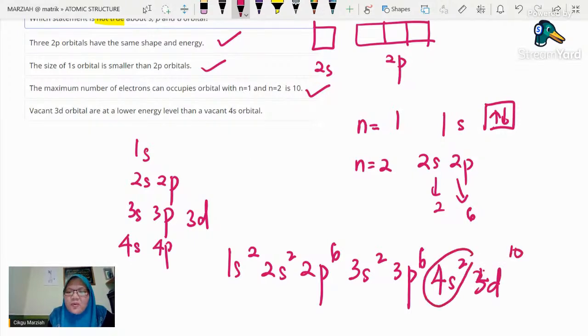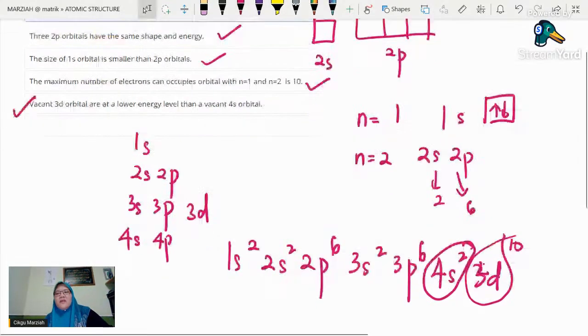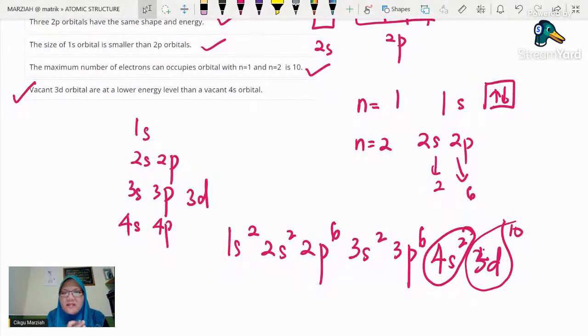Maknanya 4s dahulu yang kosong lebih rendah tenaga berbanding dengan orbital 3d yang kosong. So this statement is not true. 4s yang kosong lebih rendah energy level berbanding 3d yang kosong. Itu sebab jawapan dia adalah D.